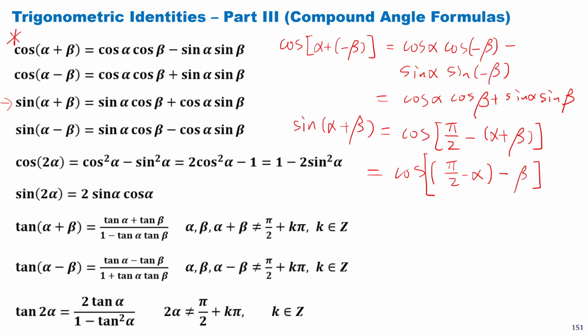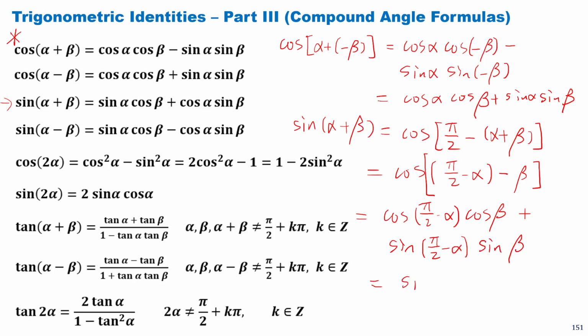Then according to the second identity, cosine the first angle minus the second angle equals cosine the first angle, cosine the second angle, plus sine the first angle, sine the second angle, right? And that gives us sine alpha cosine beta plus cosine alpha sine beta, right? So basically you can prove any of the following identities using the very first one.